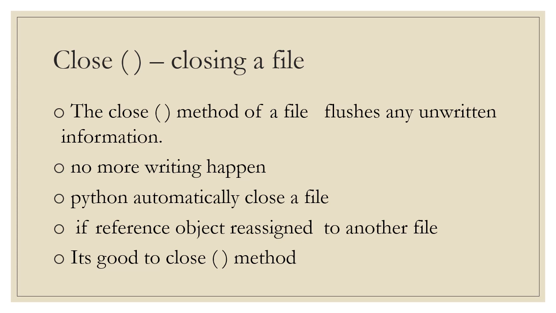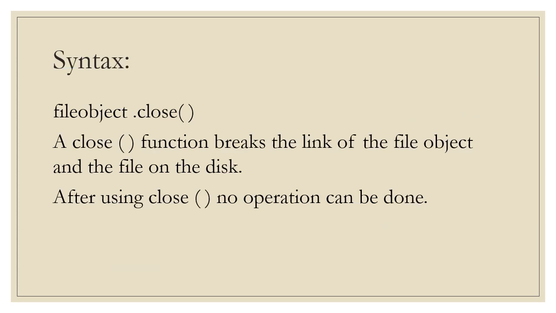Let's see the syntax of the close function. In the syntax, a file object should be there along with the dot close function. File object is nothing but the variable or file handle used for file concepts, along with the close function. The close function breaks the link between the file object and the file on the disk.